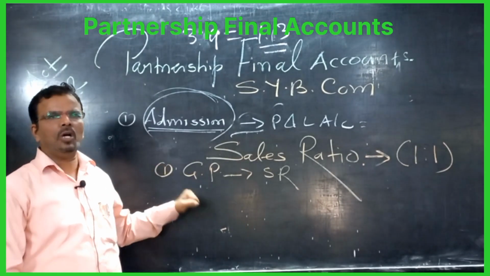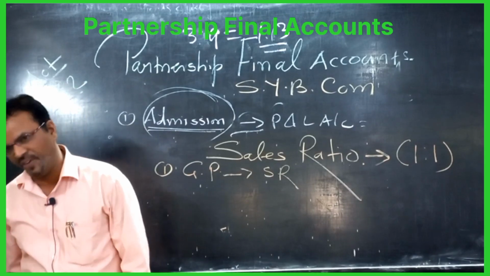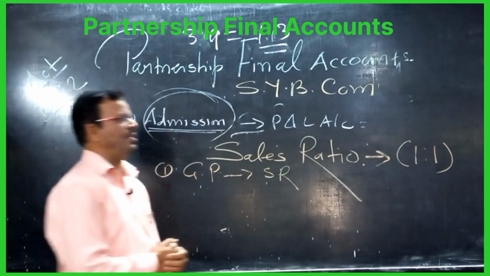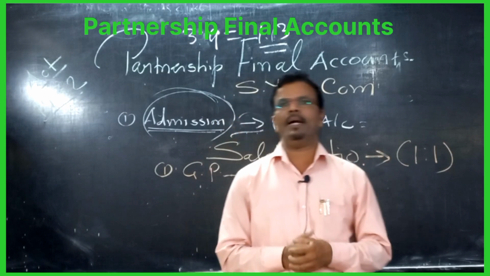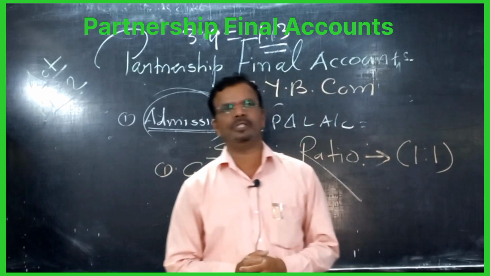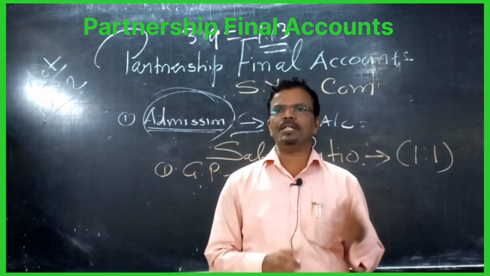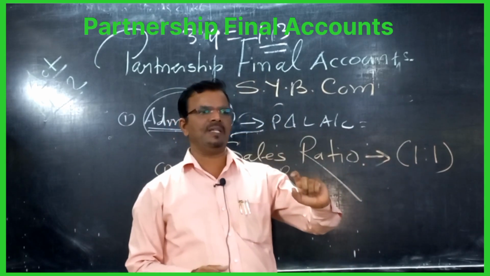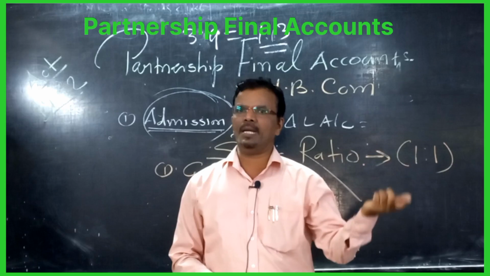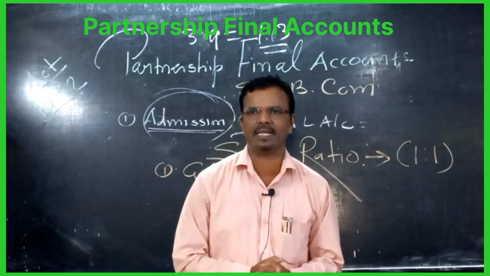So all those expenses which are not fixed are always divided on sales ratio. Another way to see the meaning, all flexible expenses which depend on sales are always divided on sales ratio.